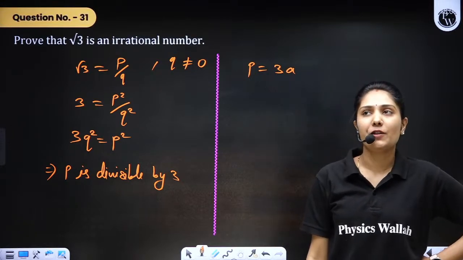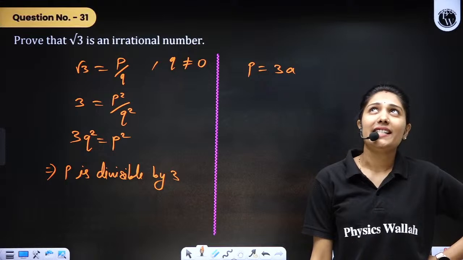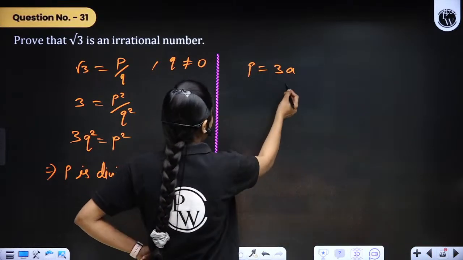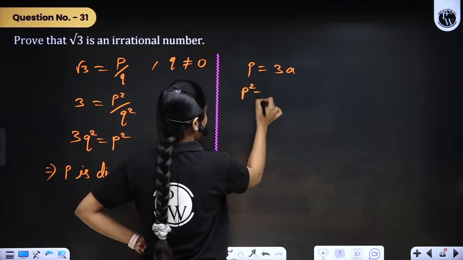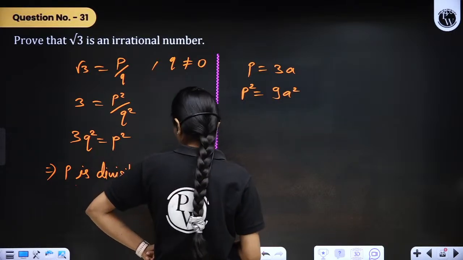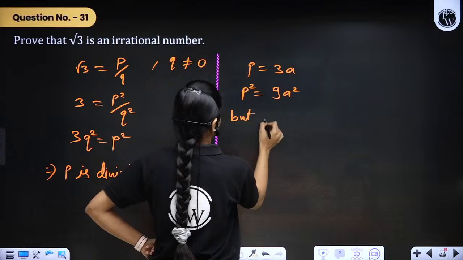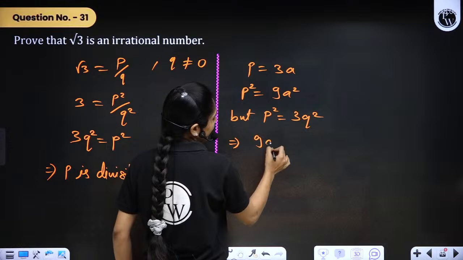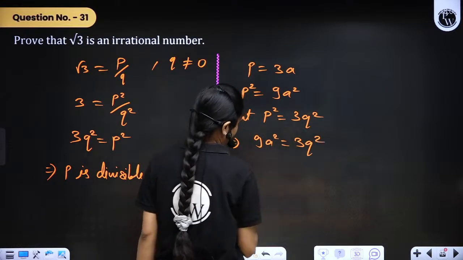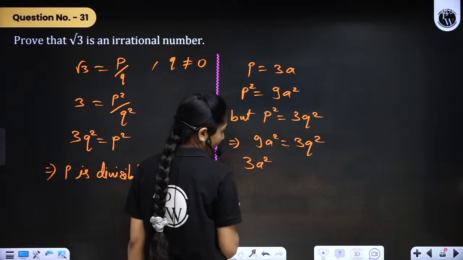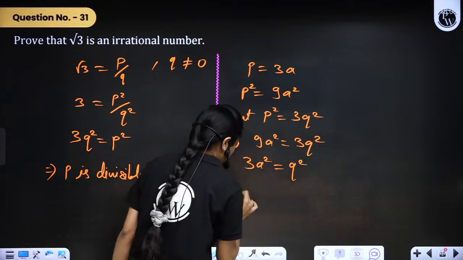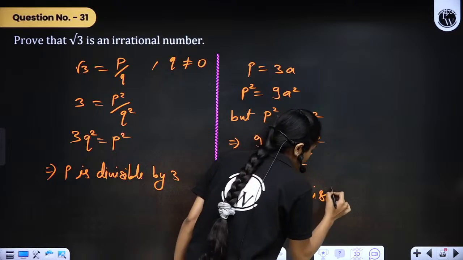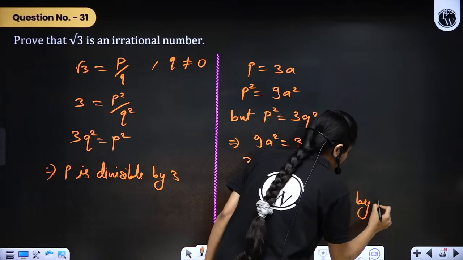Yes beta, by contradiction method, or we can say the assumption method. So p is equal to 3a, which implies p square is equal to 9a square. But p square is equal to 3q square, which implies 9a square is equal to 3q square, which means 3a square is equal to q square, and it implies that q is divisible by 3.